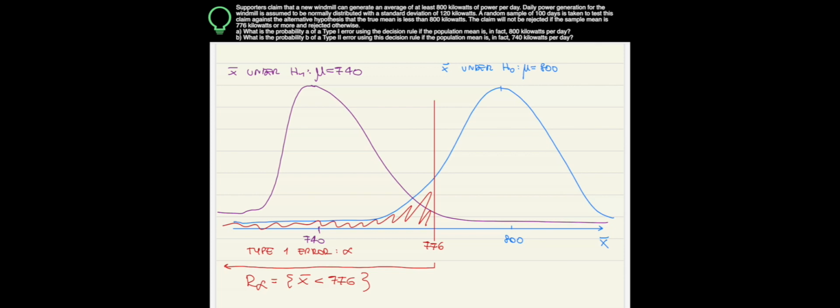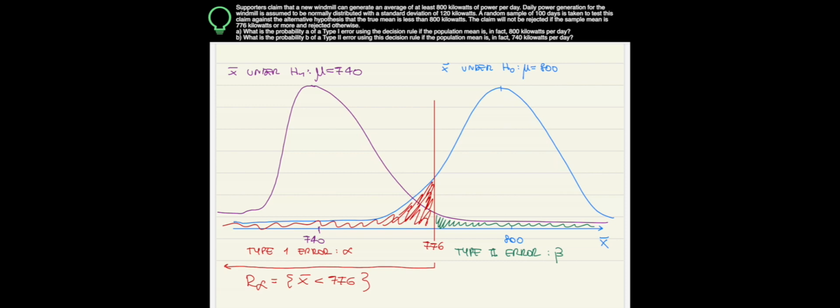Instead, the probability under H1 of not being in the critical region, I'll use the green now, is the type 2 error. So it's this tail here, right? This is the type 2 error, which we always call beta.